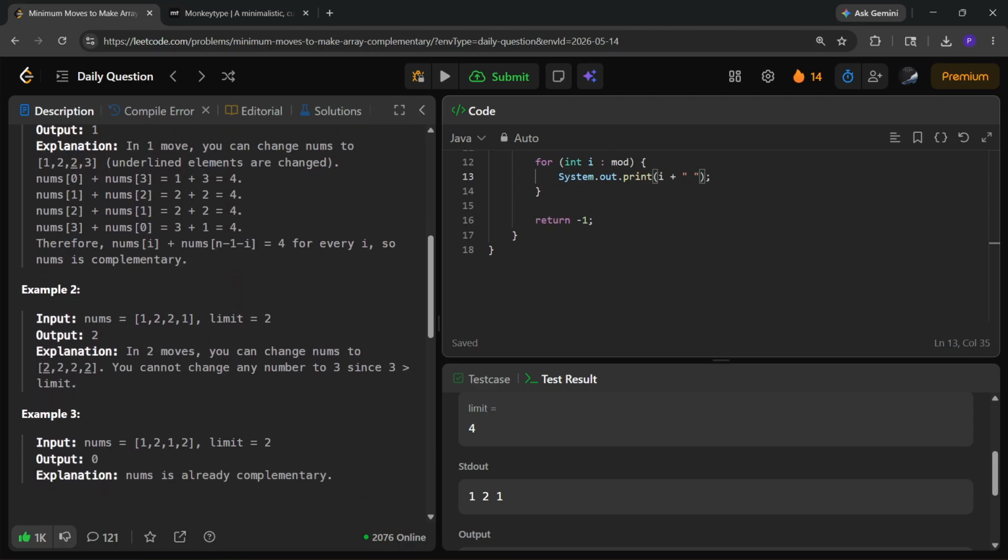If 1 2 1 2 is a complementary error, then 1 2 1 2 1 2 5 7 times is also a complementary error. So let me try to go like 1, 2, 1, 2, 2, and 1 and 2.